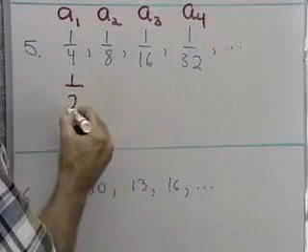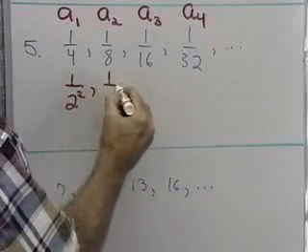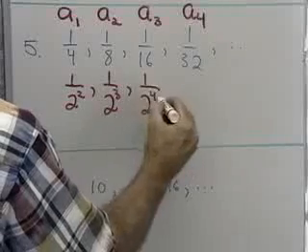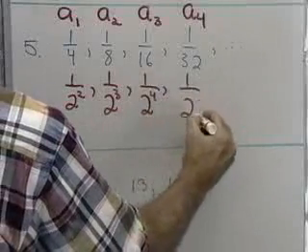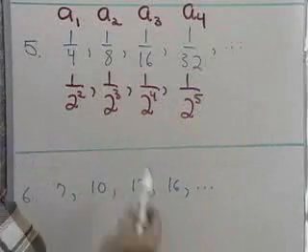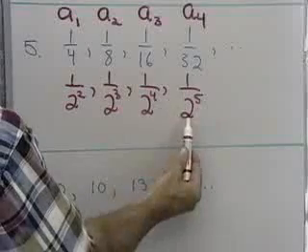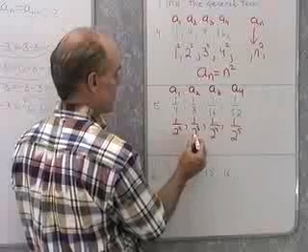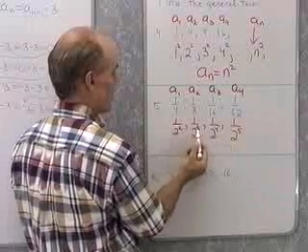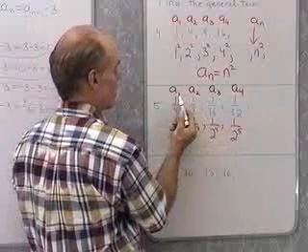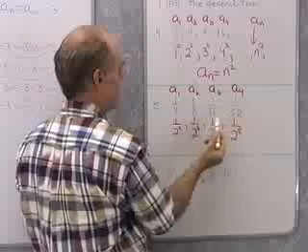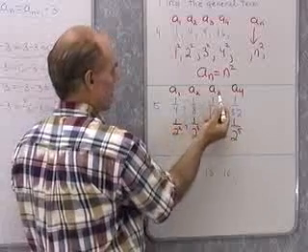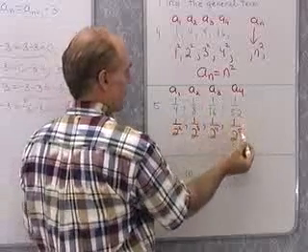So 1 over 2 squared, 1 over 2 cubed, 1 over 2 to the fourth, 1 over 2 to the fifth. So now I've seen the pattern here. It's powers of 2. The bases all stay the same. So I want to compare the exponents here with the term numbers of the term that they came from. First term, it's 2. Second term, 3. Third term, 4. Fourth term, 5.